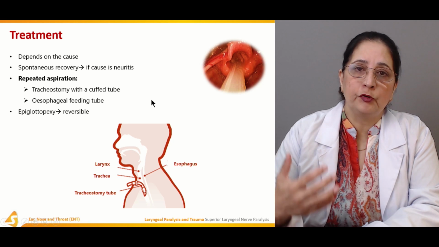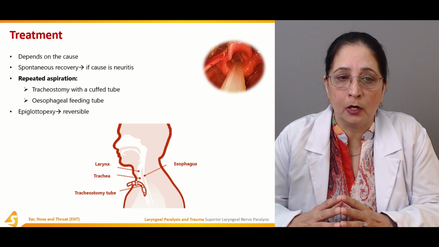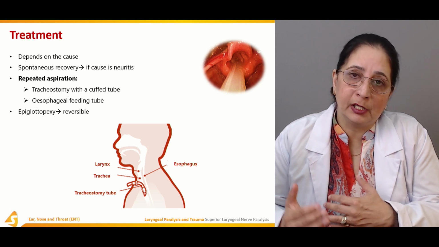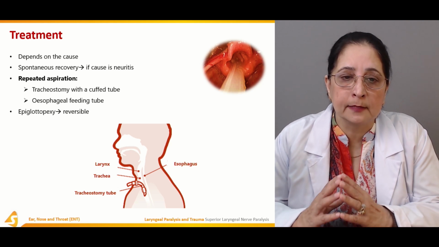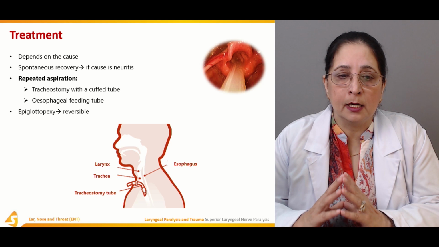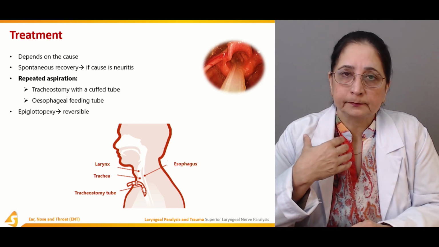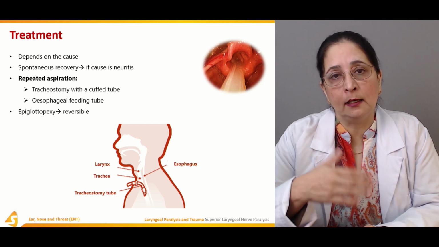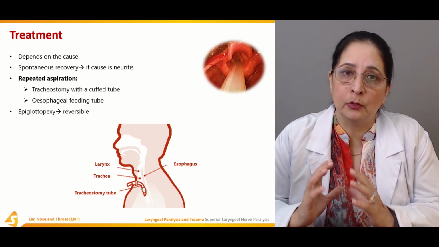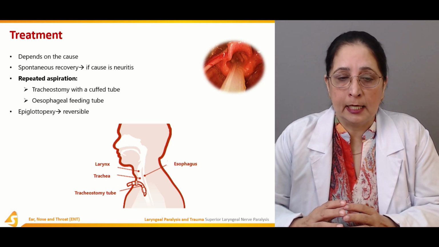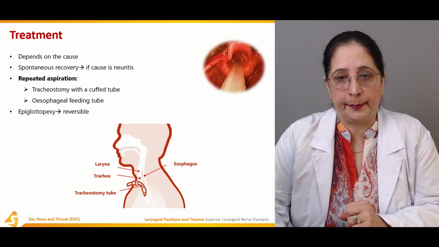Usually spontaneous recovery occurs if the cause is neuritis. Tracheostomy can be done. An esophageal feeding tube is used because of loss of sensation and anesthesia; there is aspiration of food, which is dangerous, so tube feeding is done, and then epiglottopexy, which is reversible.